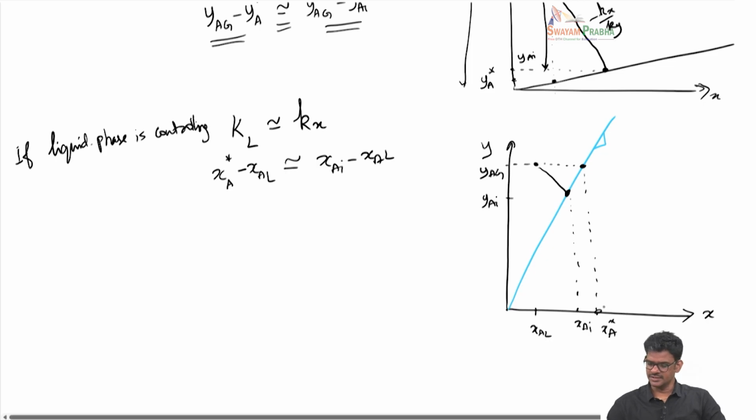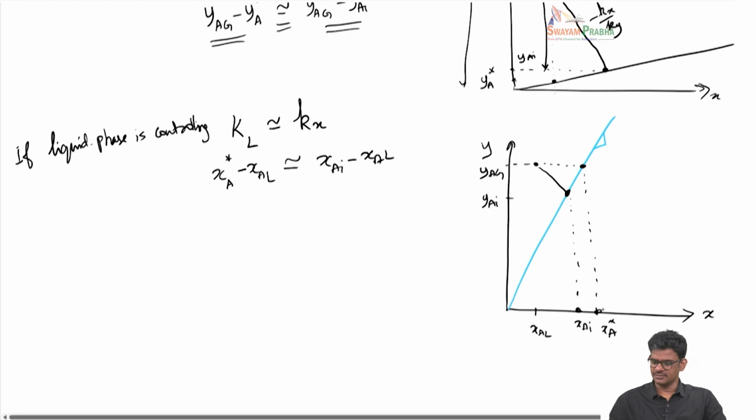So you can see that XAI now is very close to XA star. So instead of using the interfacial concentration, I can very well use the equilibrium concentration. The fact that M is very high basically means the interfacial concentration and the equilibrium concentration are very close by.